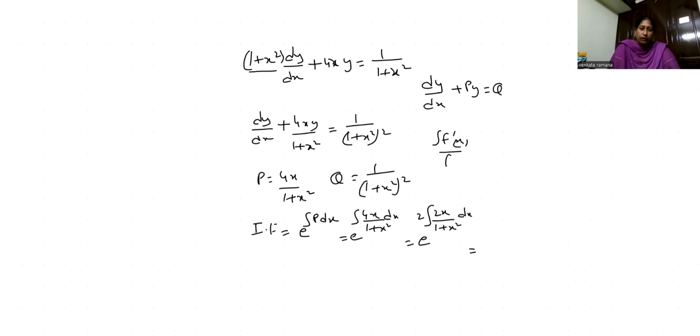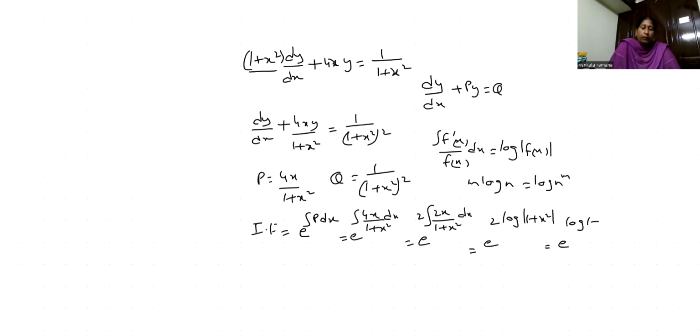So we have 2 into log mod 1 plus x square here. m log n means log n power m. So we have e power log (1 plus x square) whole square.